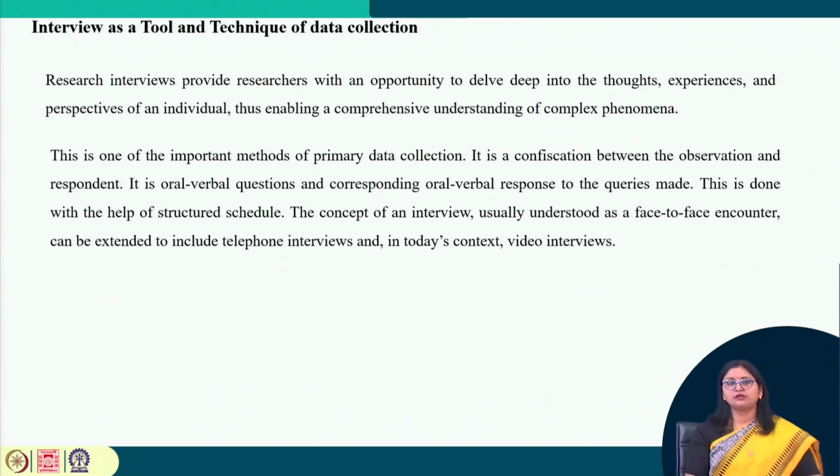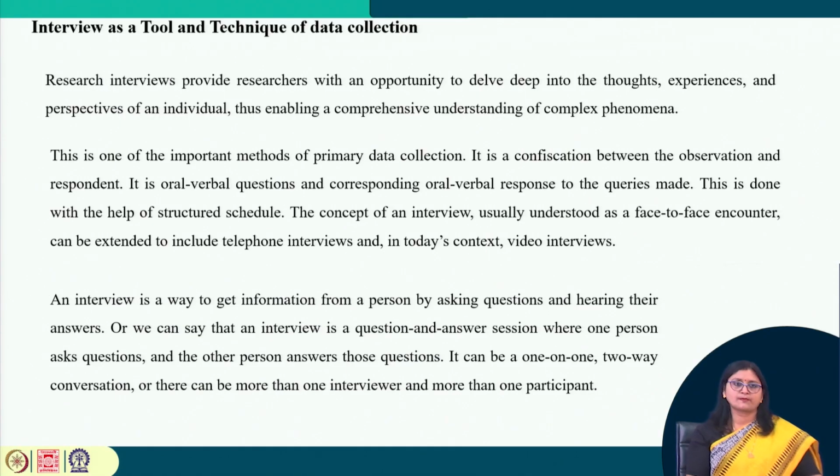The concept of interview, usually understood as a face-to-face encounter, can be extended to include telephone interviews and, in today's context, video interviews also. An interview is a way to get information from a person by asking questions and hearing their answers.